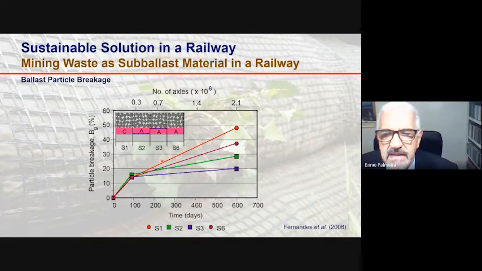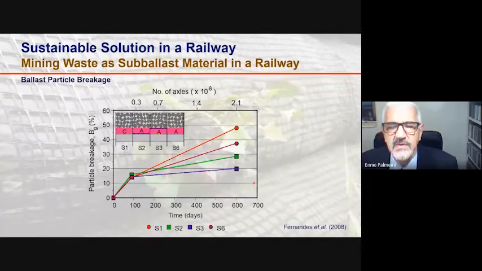So the red curve here is the result for the conventional solution with the conventional subballast material, followed by the result for the section with just the alternative and unreinforced subballast material, and less breakage of ballast particles or ballast grains in the sections with the alternative subballast material reinforced with geogrid.